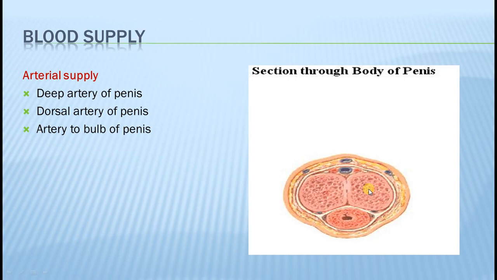During erection, these spaces are filled by blood and get dilated. When these spaces enlarge, they impede the venous return, so until the venous return starts, the erection is maintained.